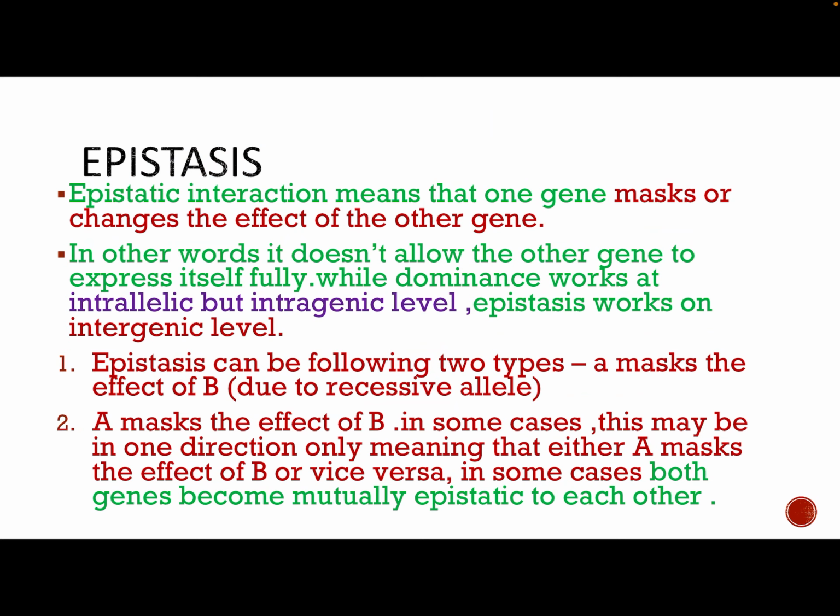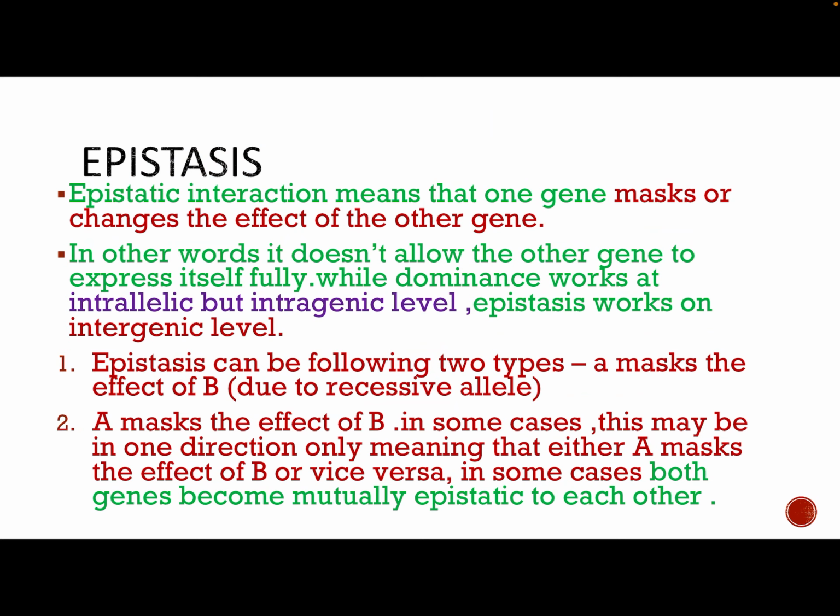Epistasis. Epistatic interaction means that one gene masks or changes the effect of the other gene. In the interaction of genes, the most prevalent type of interaction is epistasis. What does it mean? Epistasis means when one gene is masking the effect of another gene, and while masking it is giving a new phenotype.